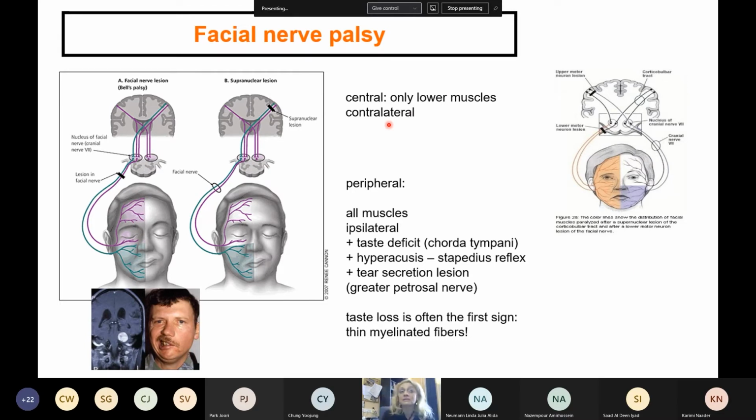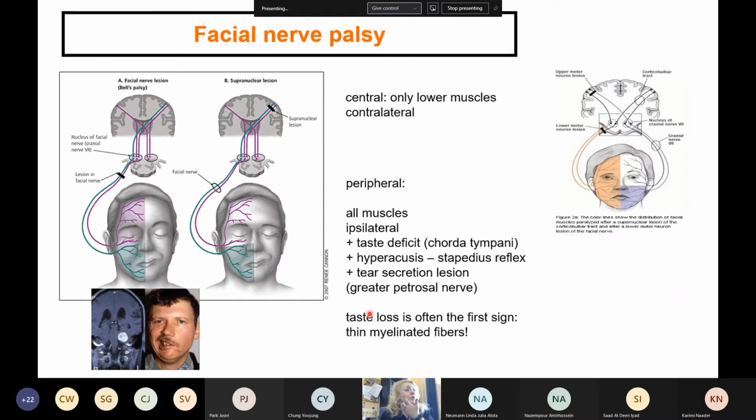The upper muscles will stay intact. In the peripheral lesion, of course, depending on the exact site of the lesion, all the muscles on that side will be paralyzed. Like in this picture, this patient cannot move anything on this side because of an acoustic neuroma compressing the facial nerve.